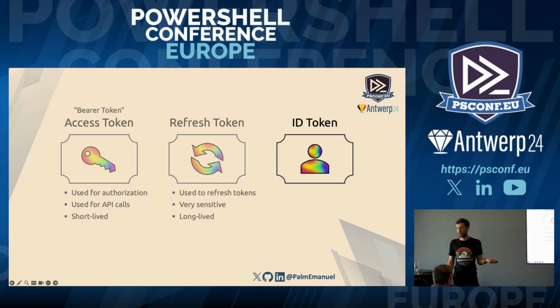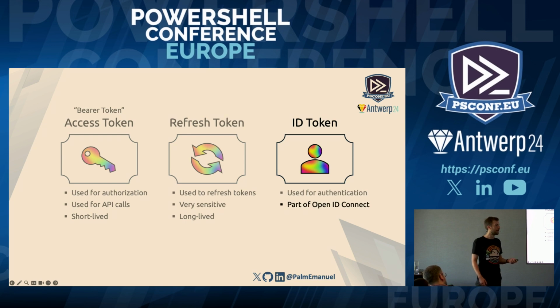And finally, we have an ID token. The ID token is something that came with OpenID Connect, and it's used for authentication. So this is proving that you are who you are. This is what, when we talk federated credentials or workload identity federation between platforms, again, one of the credential types.